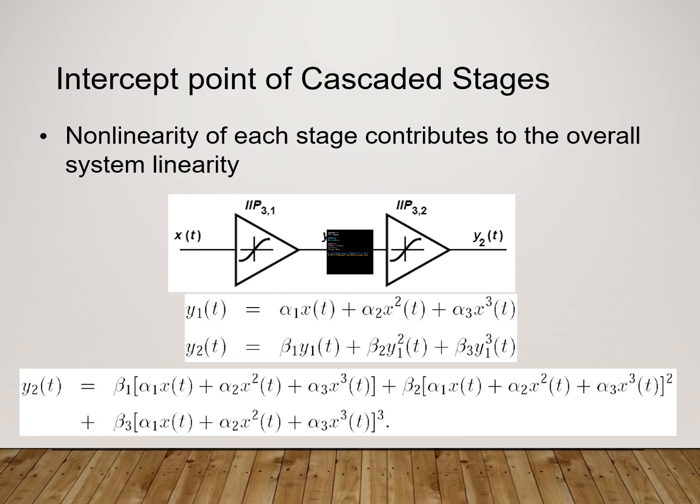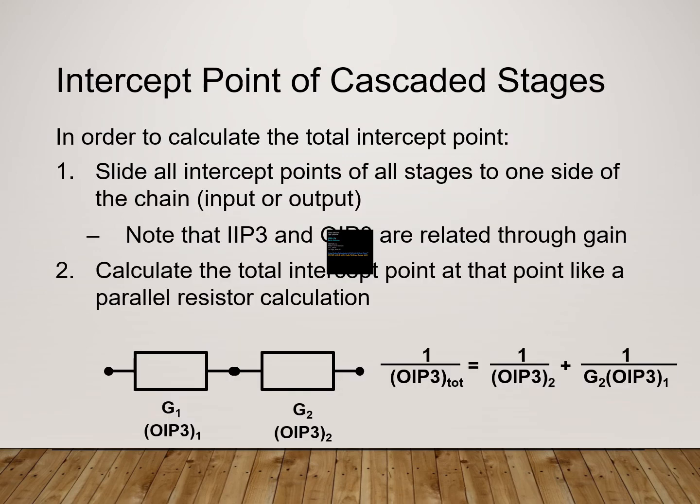So the dominant factor for linearity in general will be in the last stages, in contrast with noise figure. Mathematically speaking, one can find the overall OIP3, our third-order output intercept point, for a cascade system as given in the equation on the slide.